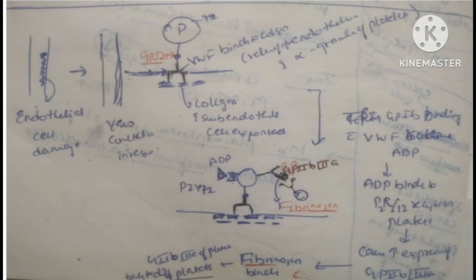Hence, a stable fibrin clot will be formed. This is how clot formation occurs whenever there is an endothelial injury and hemostasis occurs. Now in ITP, this GP2B3A receptor is the one being affected by the antibodies. So the affected platelet will be carried by macrophages to the spleen and destroyed there. This is how thrombocytopenia occurs.